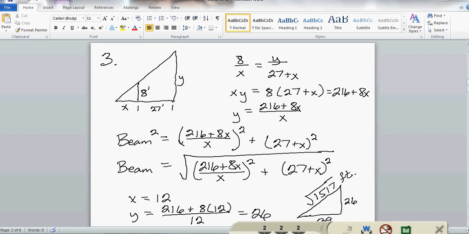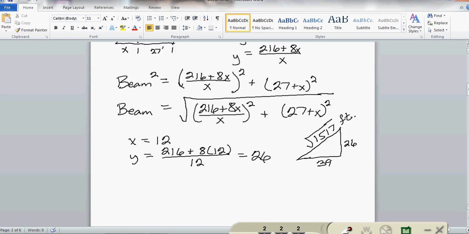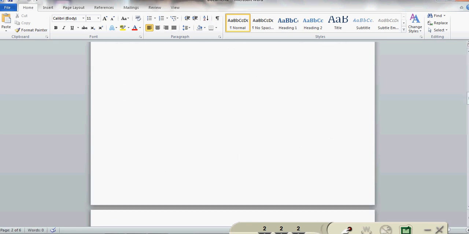Number 4. Number 4, we have a spring, and it's pulled 10 centimeters back from its rest position and released at time t equals 0 to roll back and forth for 4 seconds.